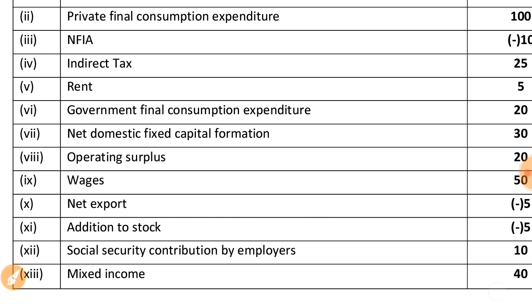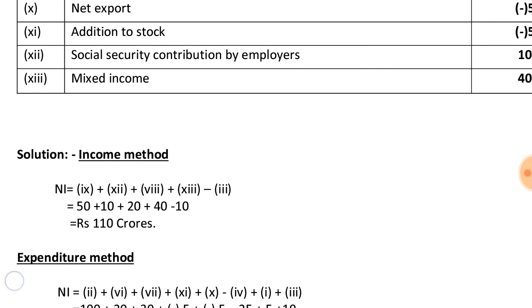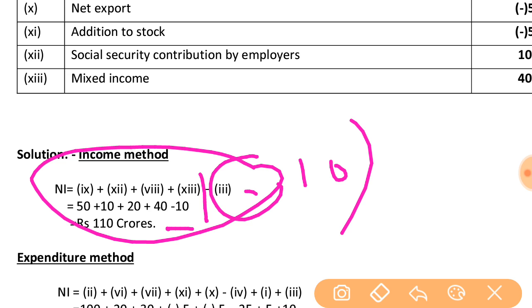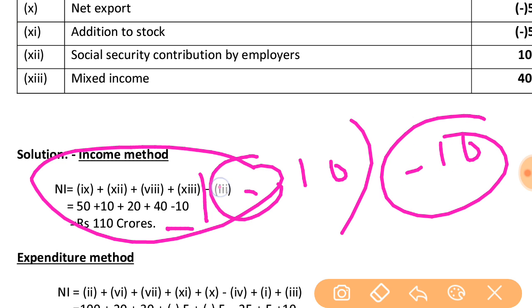So it will be plus, but the value given is minus 10, so plus and minus gives minus. All are plus, but the value is minus 10, so you will get 110.